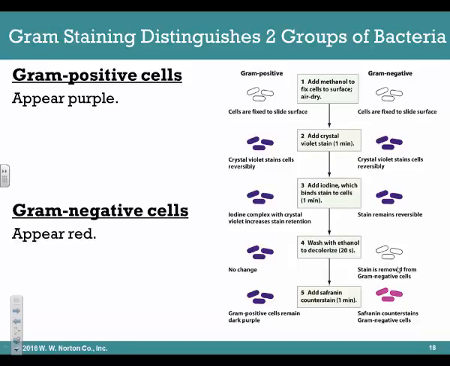And then we would have an awfully hard time seeing the gram-negative cells unless we added another color that's different than the crystal violet color, and so we use safranin, which is a red stain, in order to view those bacteria once the destaining or the decolorizing step is complete.